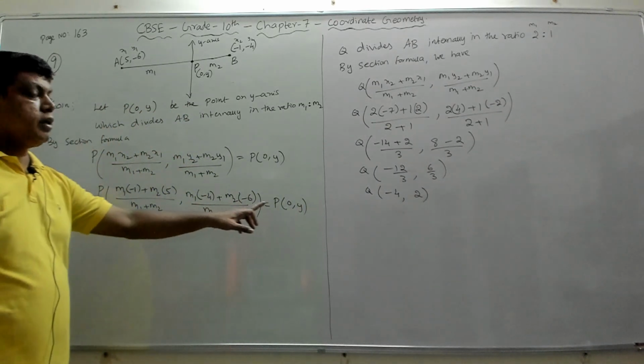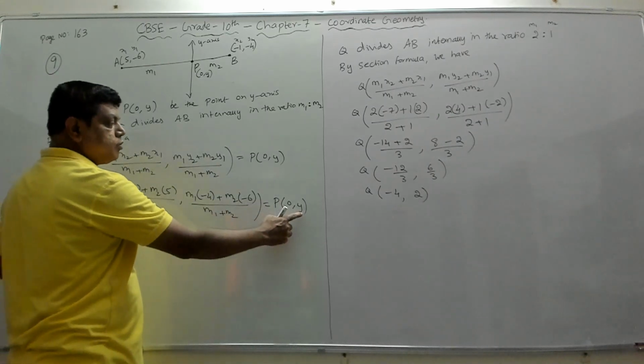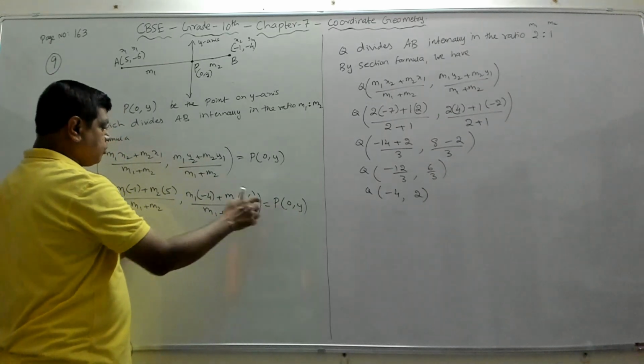Now we can equate the x-coordinate, because we can't equate the y-coordinates since we don't know y. But we know the x-coordinate is 0, so we can equate this and this.